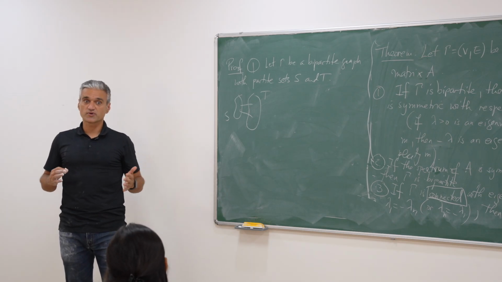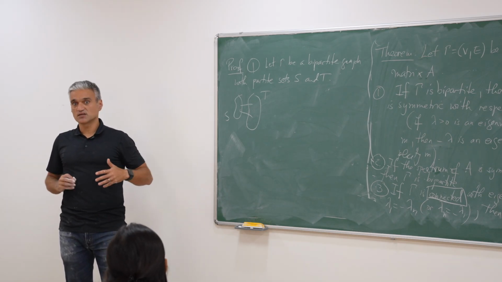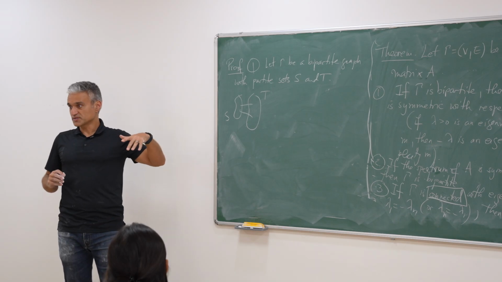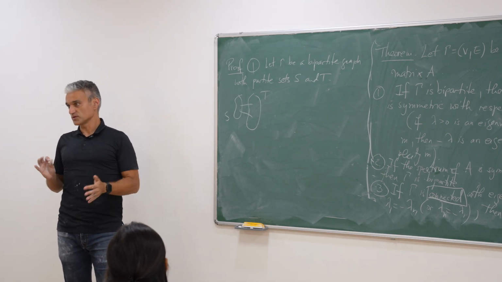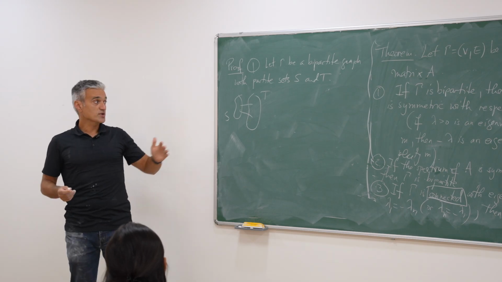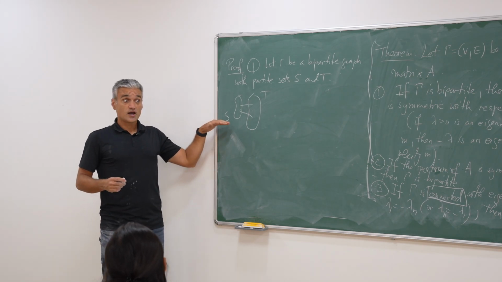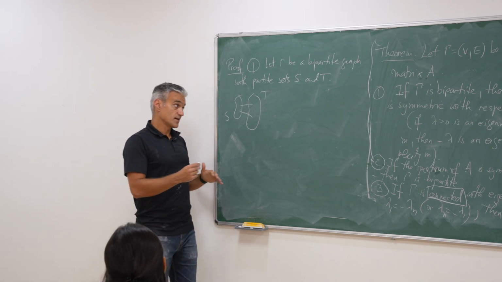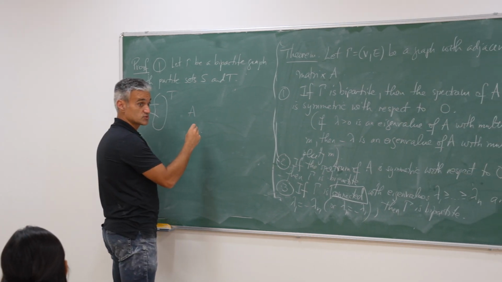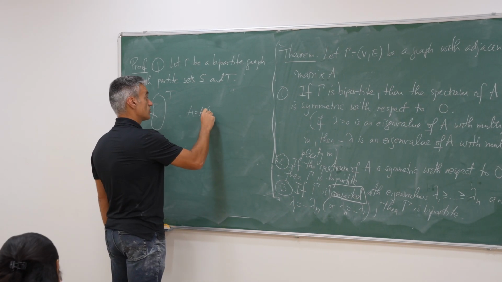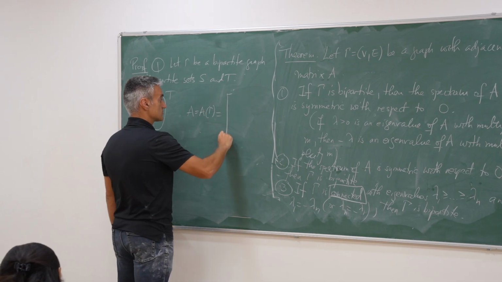So when you talk about eigenvalues, I can just take one ordering of the vertices and pick the adjacency matrix corresponding to that ordering, because it helps me in a certain way. So I will label the vertices such that A of gamma is the following.